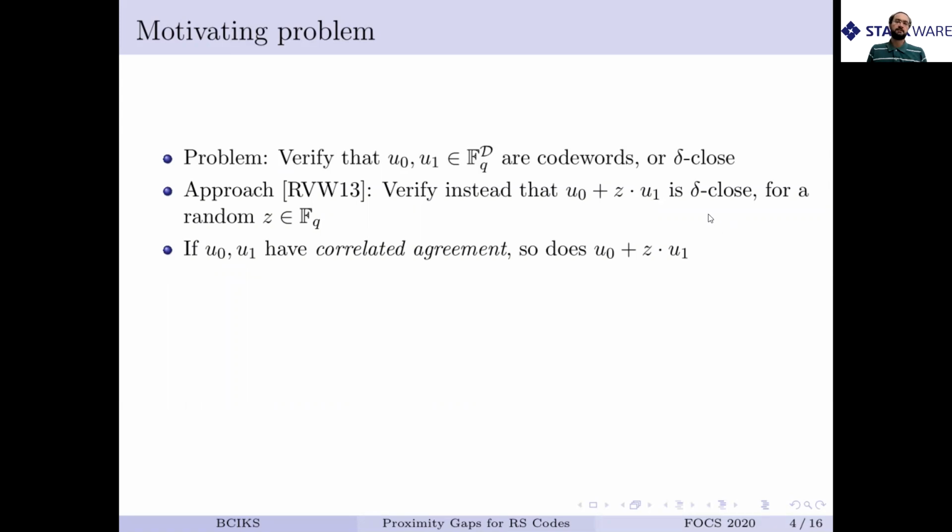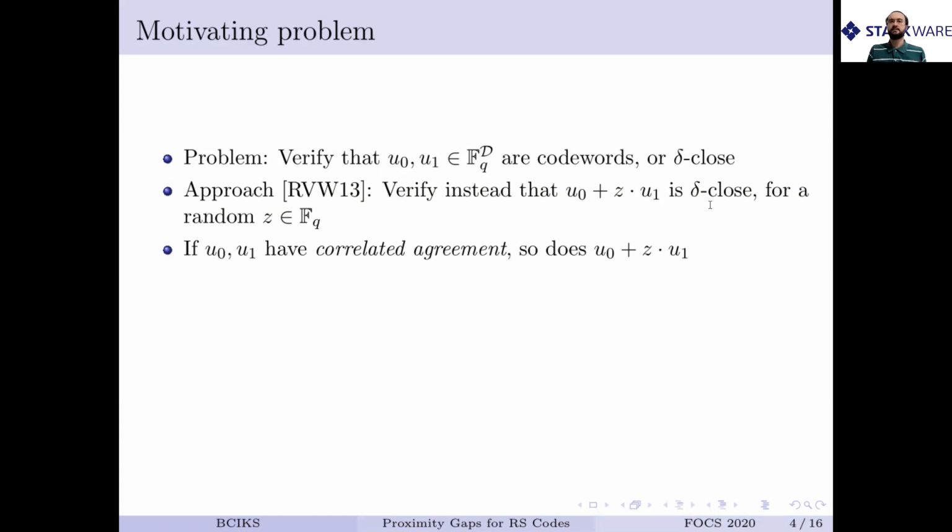One reason that this can be what we want to check is that computing this random linear combination is a local procedure and can be done in a distributed way. It depends for every x in D just on the values at x.